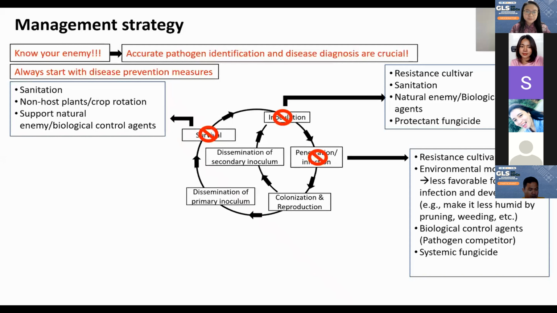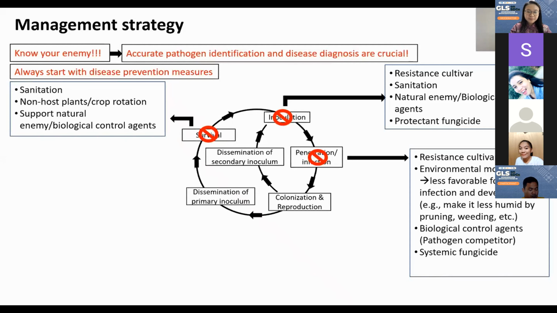Okay, and here we also have fungicide, like systemic fungicide. But as you can see, we always use fungicide or chemical treatment as the last resort after we have done all of the things that we can do to prevent the development of the pathogens.